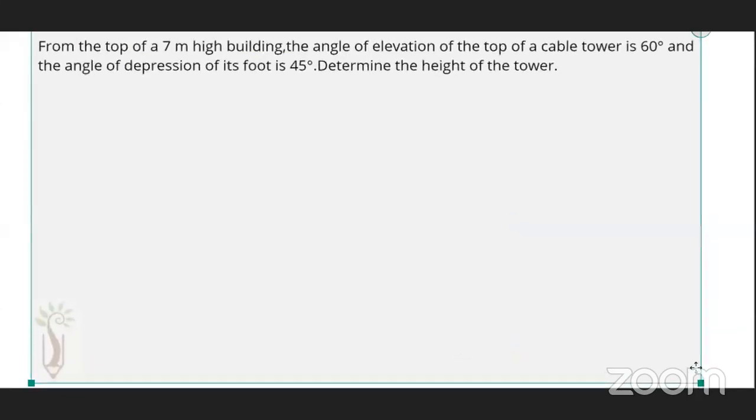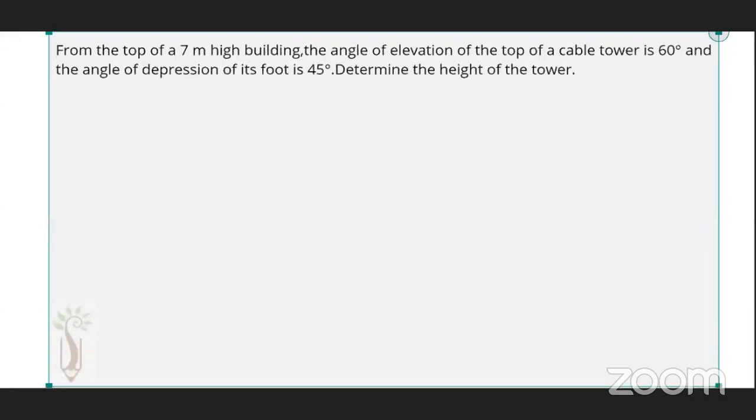Read the question and draw your figure. I'll give you 30 seconds to do that. Then I'll draw mine to check whether your figure and my figure are correct or not.